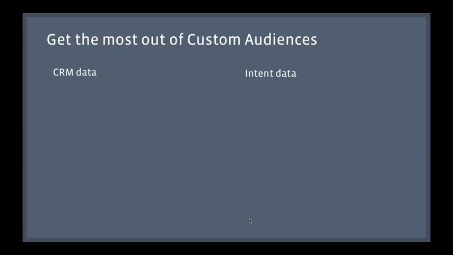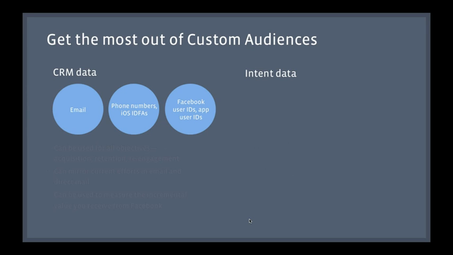So let's talk about the sources of data. As I mentioned, there are two, CRM and intent data. So CRM data would be things like email addresses tied to past purchase behavior, phone numbers associated with a lifetime value, say, or mobile application usage.